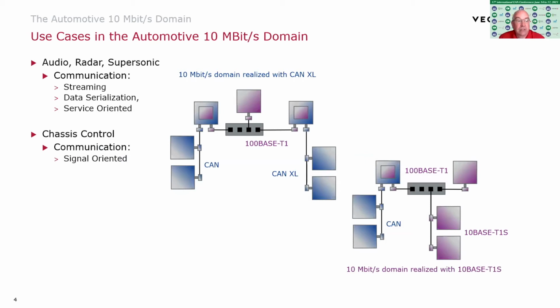Now let's have a closer look at those use cases. As I already mentioned, you can either realize a network in the 10 megabit domain using 10BASE-T1S, or you can use CANXL. Well, what we have to consider is how the communication is realized. And when we talk about CAN, usually we talk about a signal-based communication. That means you have signals of fixed size that are statically mapped to a CAN frame.